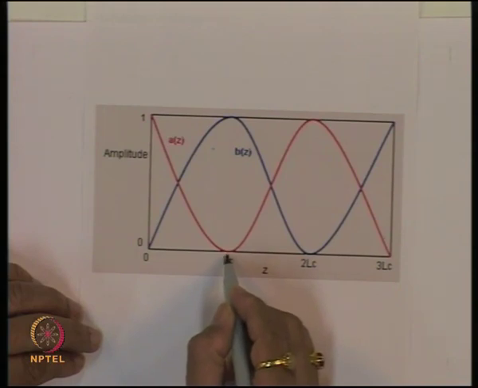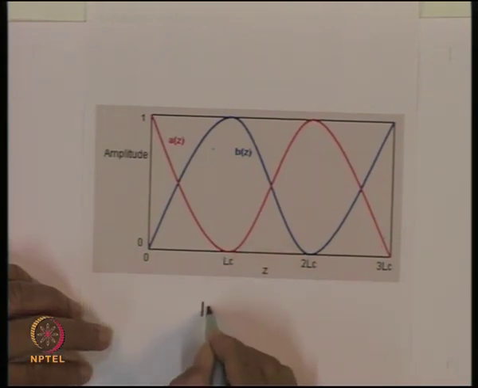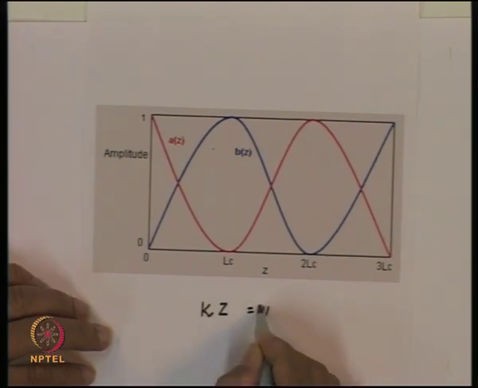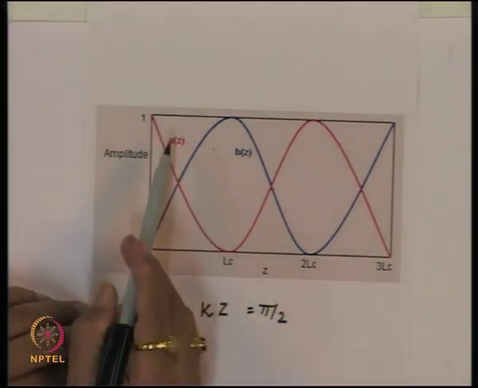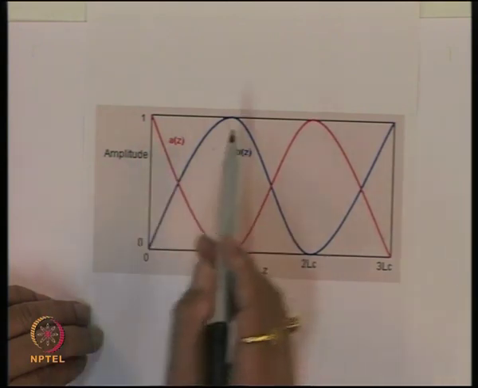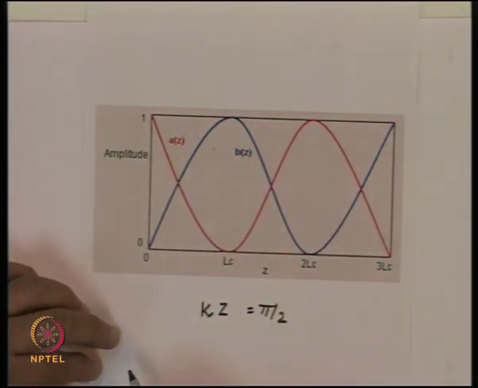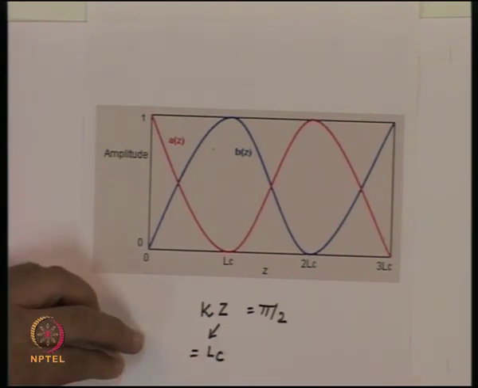So this is the distance when k into z becomes equal to pi by 2. That is the distance at which the entire power which was in waveguide A has been shifted to waveguide B. So this condition will be satisfied for z equal to what we call the coupling length.